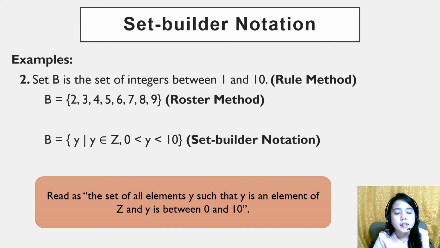Let's have another example. Okay, this one. Set B is a set of integers between 1 and 10. That's for the rule method. Ing-ani siya pagsulat kung roster method.